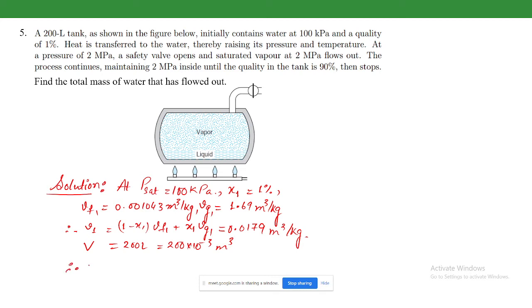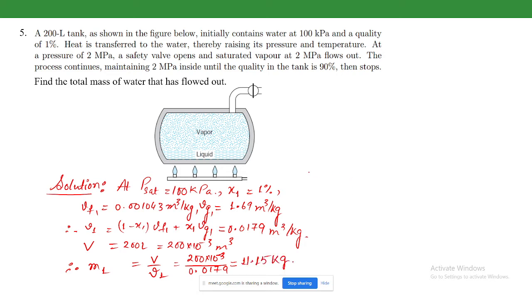Therefore initial mass m1 is V by this specific volume, that is 200 into 10 to the power minus 3 divided by 0.0179. So this value comes out to be 11.15 kg.